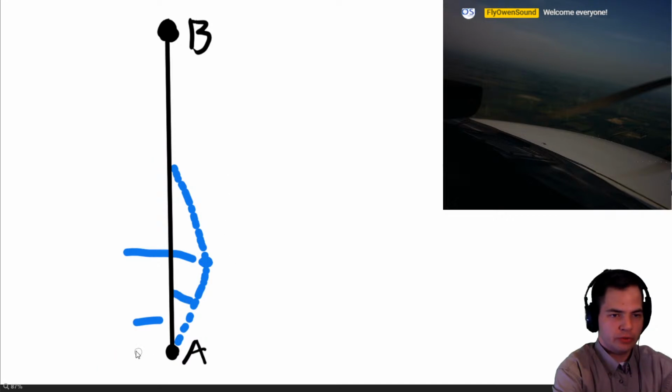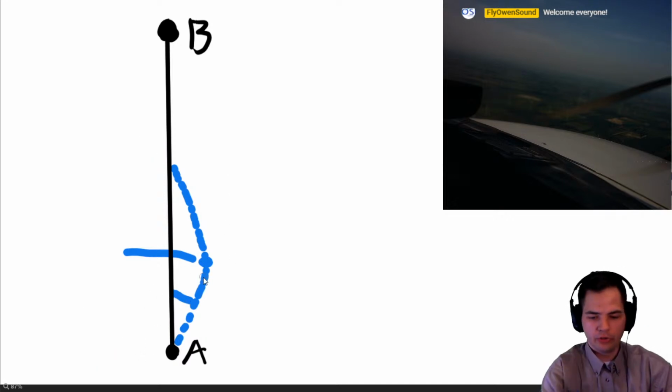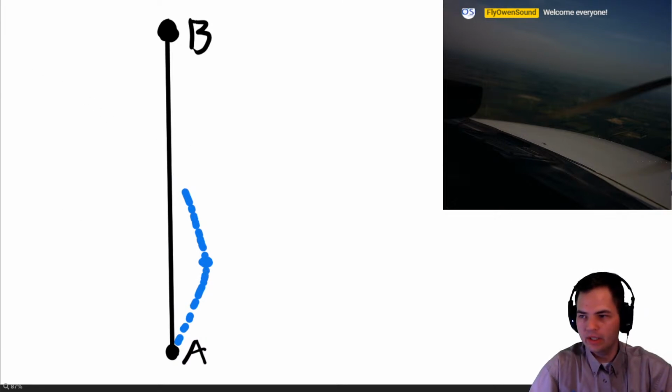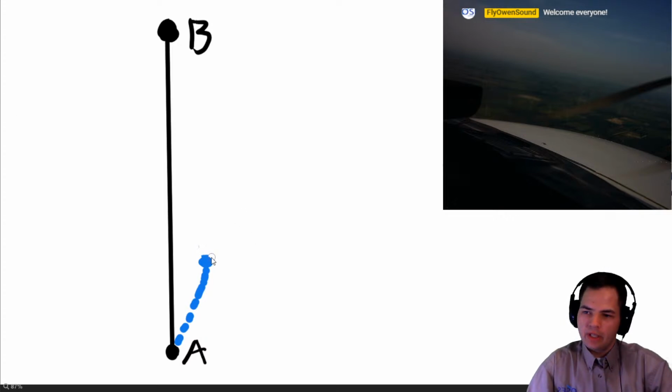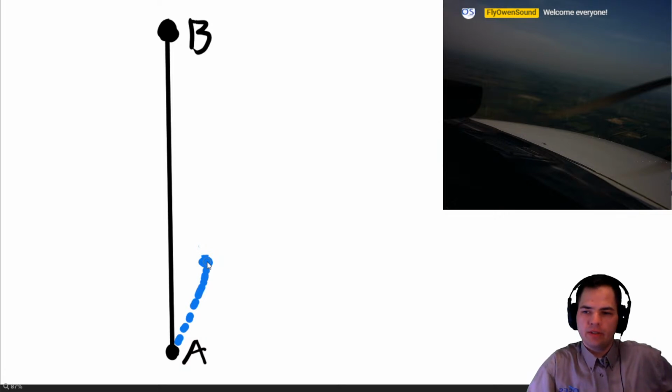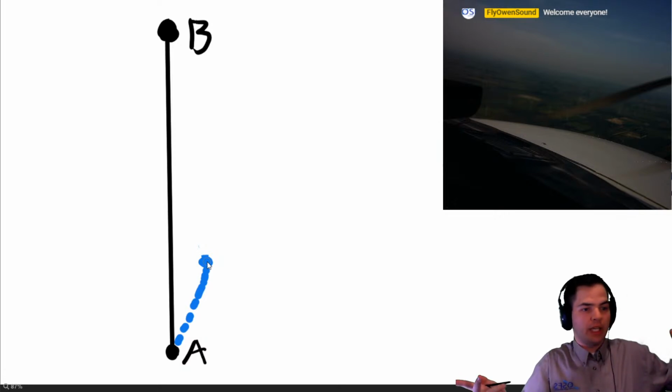So think about if we took our track error here, so we're off track about 5 degrees. The way to understand this problem is we're off track 5 degrees. Think about why. Why did we get off track 5 degrees? Because we did our planning.